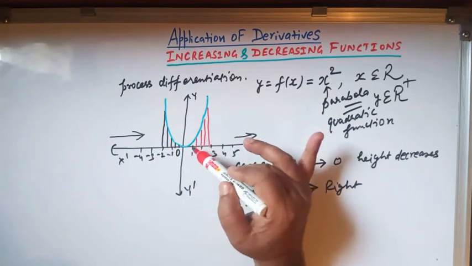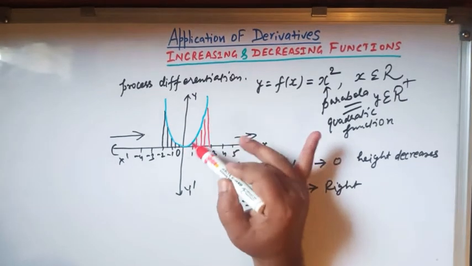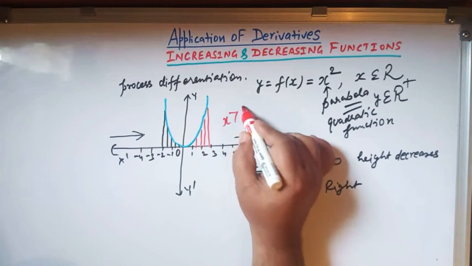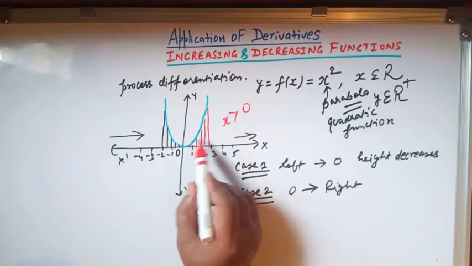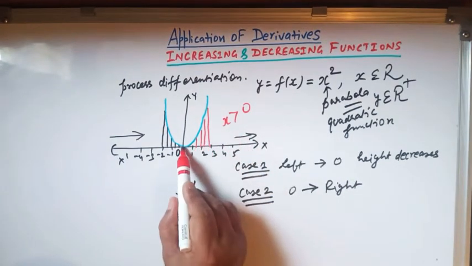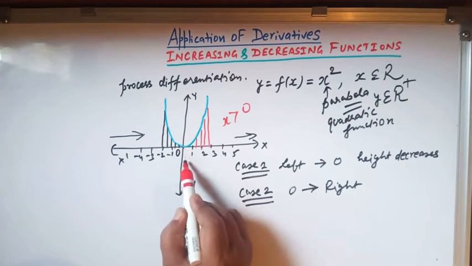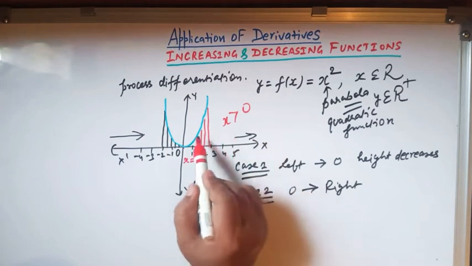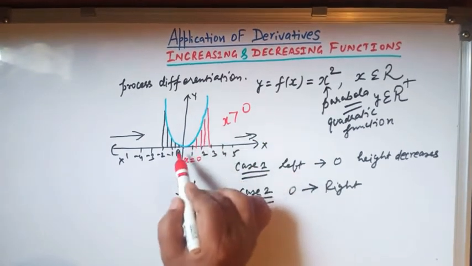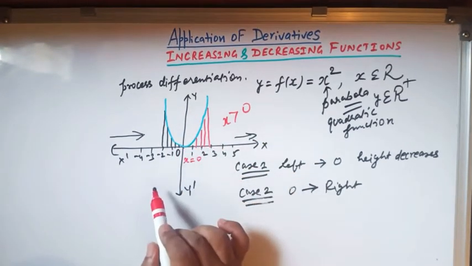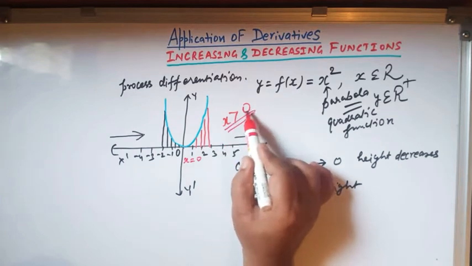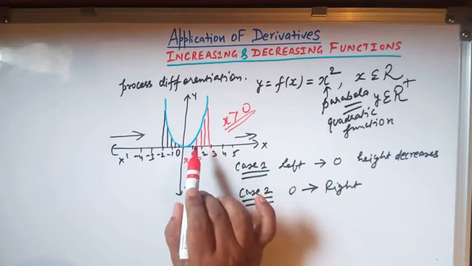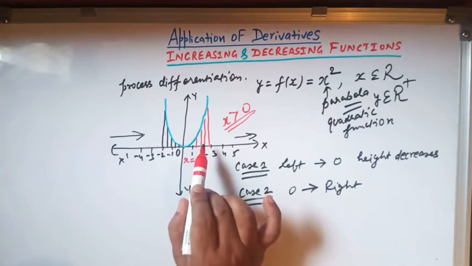Clear? And the function is said to be increasing for x greater than 0. If we move from point x equal to 0 towards right, we see that the height of the graph increases, and for x greater than 0 the graph is said to be an increasing graph.